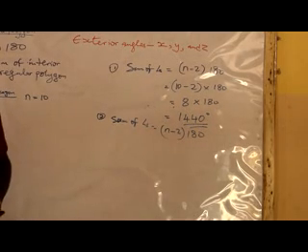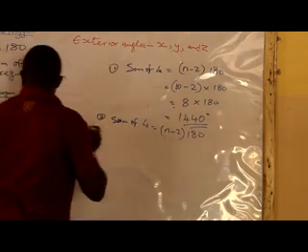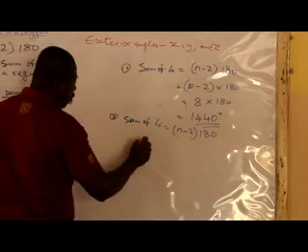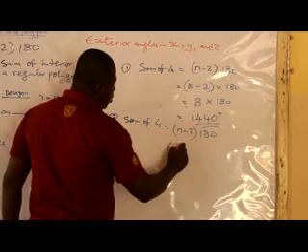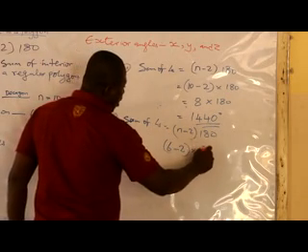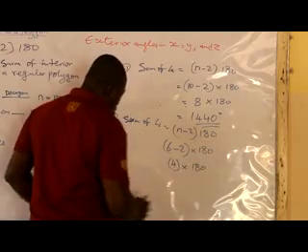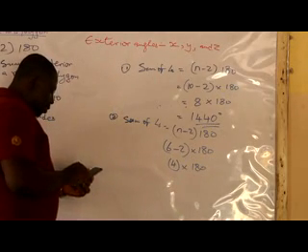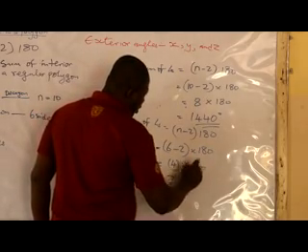So where n is equal to 6, we have 6 minus 2 multiplied by 180. 6 minus 2 is 4, times 180. When we multiply 4 times 180, we get 720 degrees.